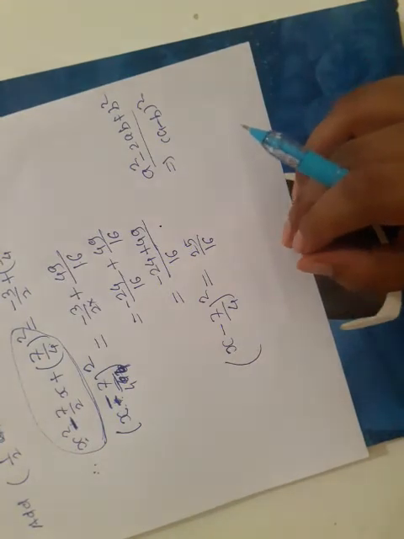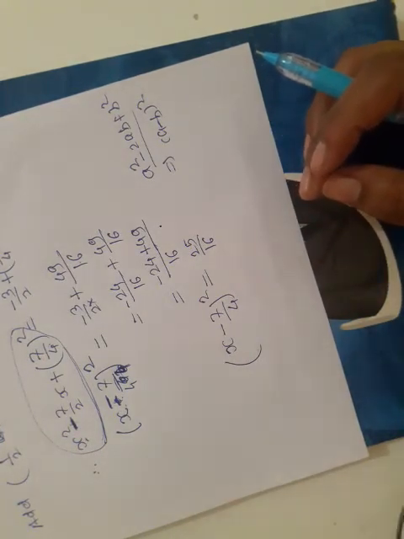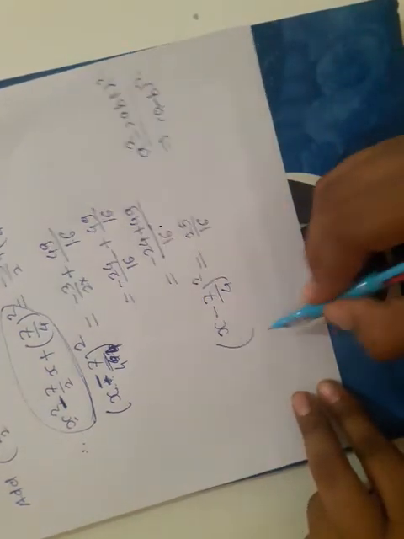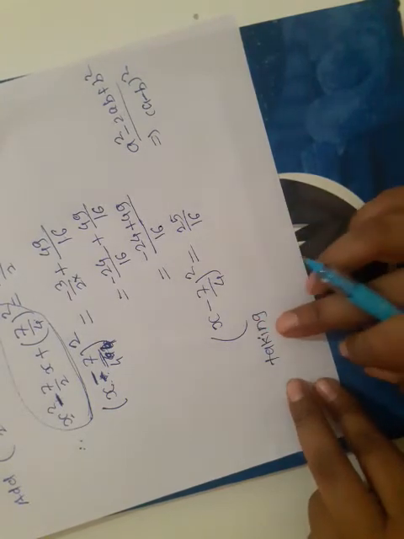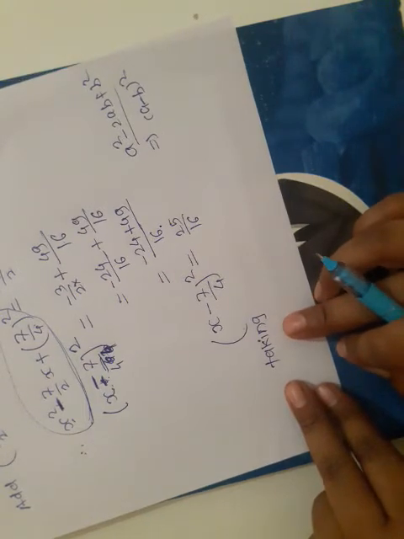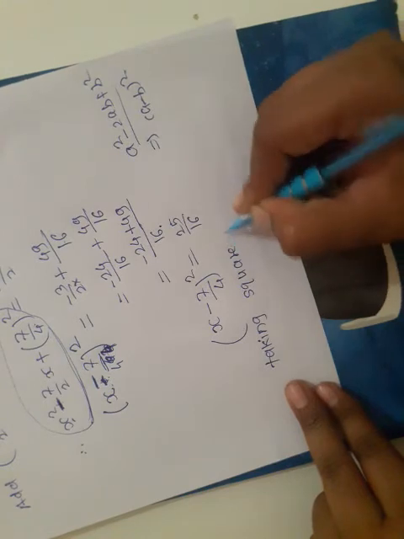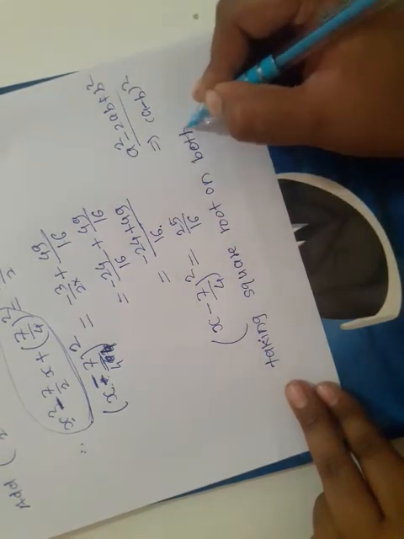Okay, now in the fifth step, we are going to take the square root on both sides. So write down, taking square roots. This is our fifth step of the completing the square method. Taking square root on both sides, we get the solution.